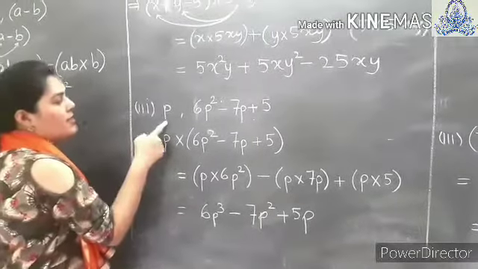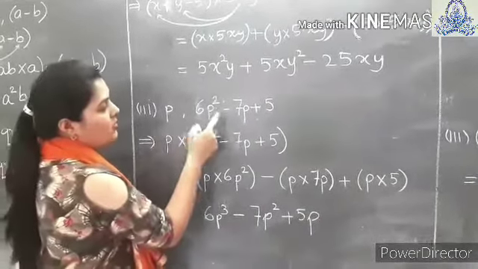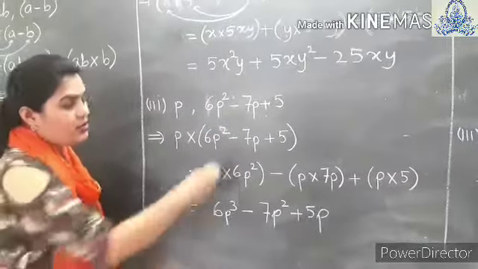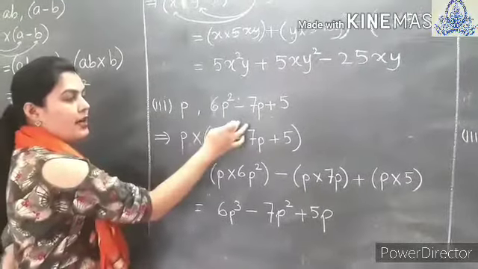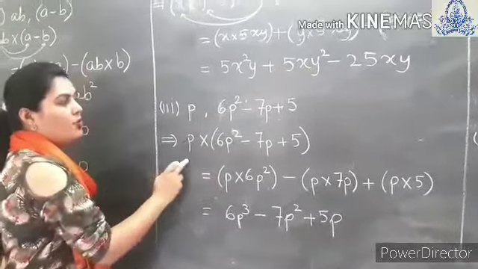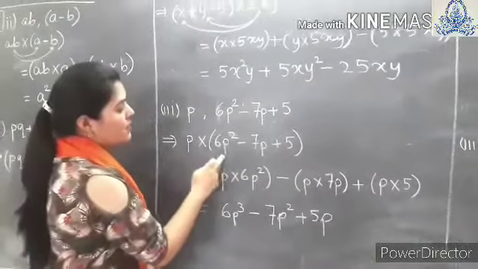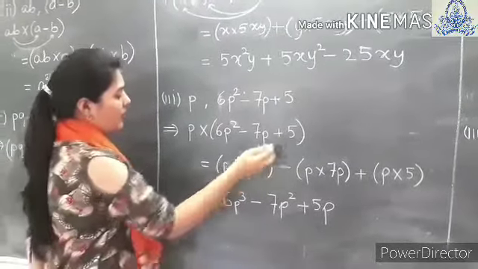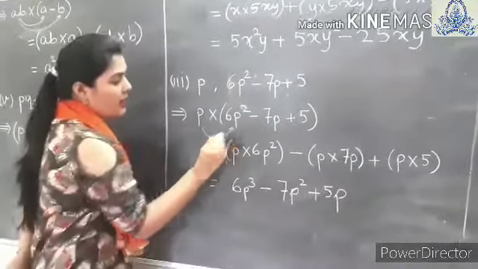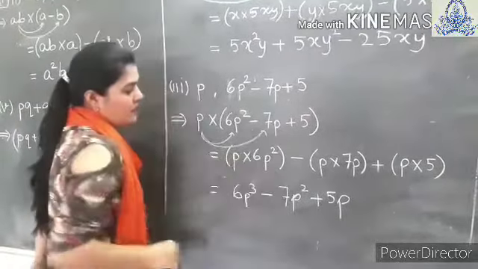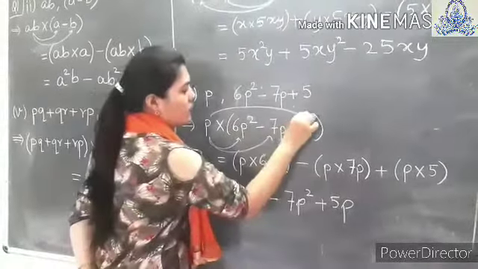Come to example number 3. First polynomial is p, second polynomial is 6p square minus 7p plus 5, that is a trinomial. First polynomial is a monomial, second polynomial is a trinomial. So p into 6p square minus 7p plus 5. Again this p will multiply to the 6p square, then to 7p and then to 5.